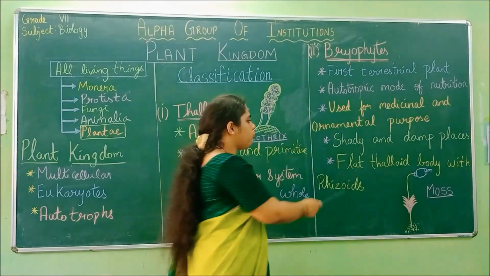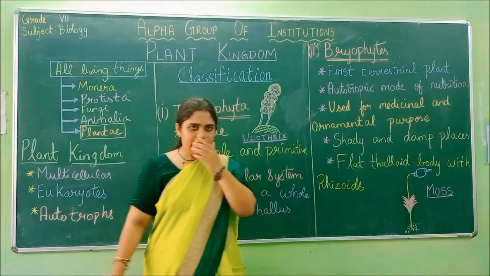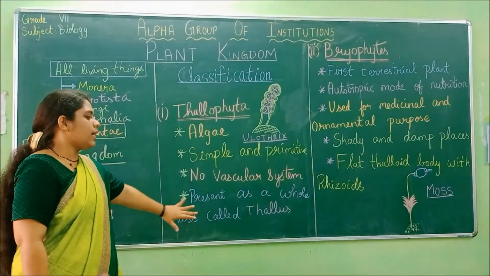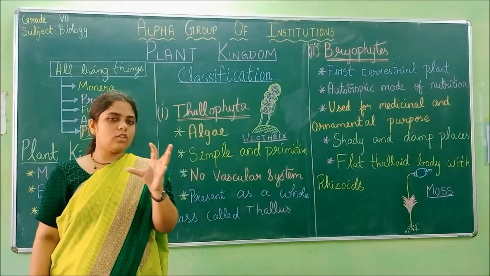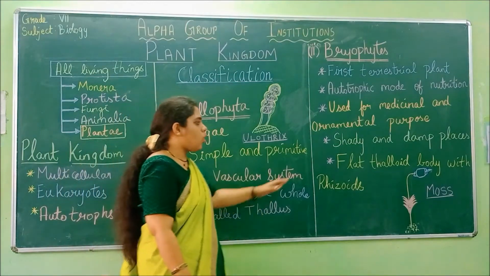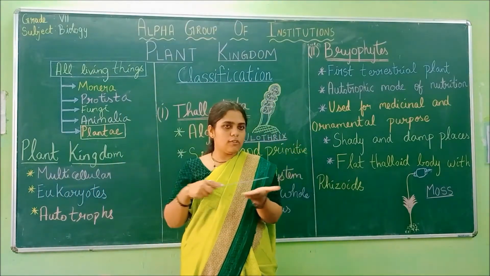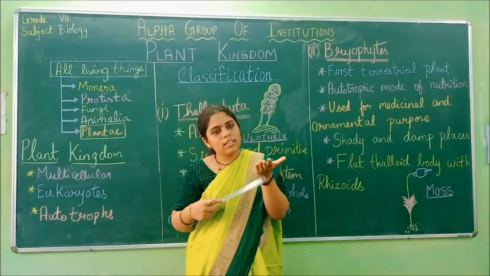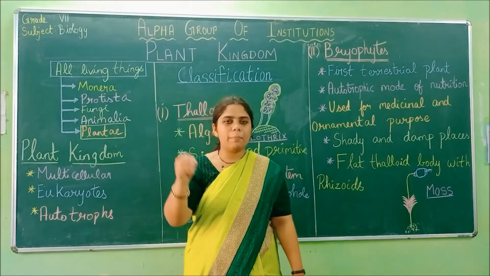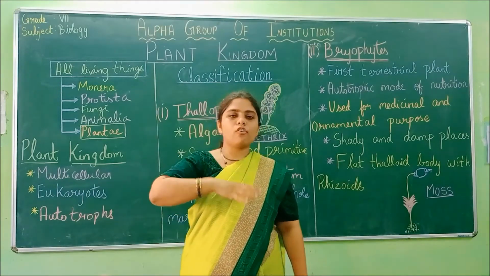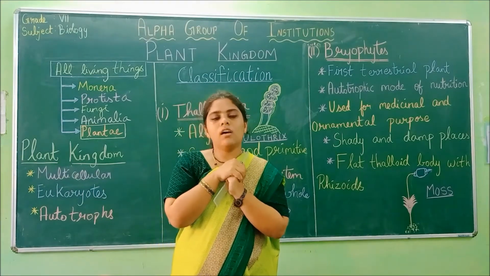Next is flat thalloid body with rhizoids. What happens here? We saw it is a whole mass, a bunch together called thallus. But here, the flat thalloid, the bunch of cells will be flat and the rhizoids will be present. It is not a root, but it is present for anchorage, for fixing to the surface.